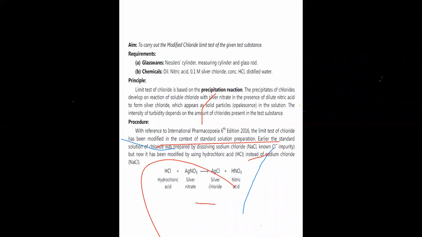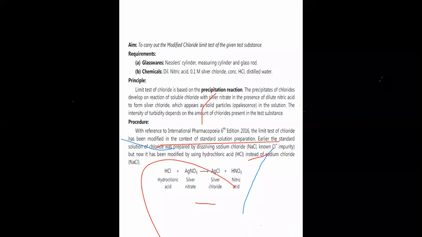So here, what is the reaction of the modified limit test of chloride? Hydrochloric acid plus silver nitrate solution gives silver chloride and nitric acid as a byproduct. So this is only the procedure change. This is the only modification they have done in the modified limit test of chloride.